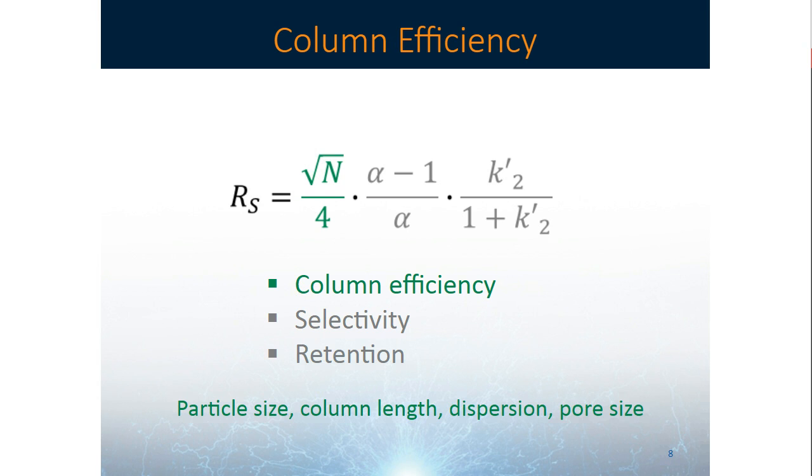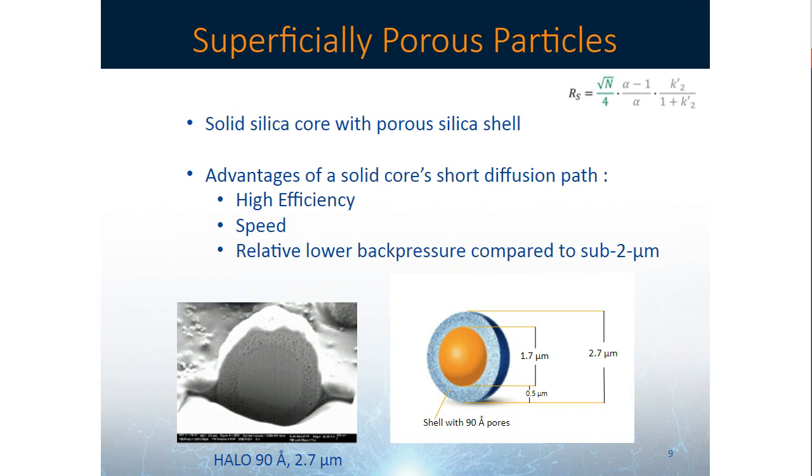So this is where I'd like to tie in the advantage of using superficially porous particles. So just as a reminder, what we have is a solid silica core with a porous silica shell. And you can see the SEM on the bottom left-hand side of the slide here. And what we're showing is the 90 angstrom pore size in 2.7 micron total particle size.